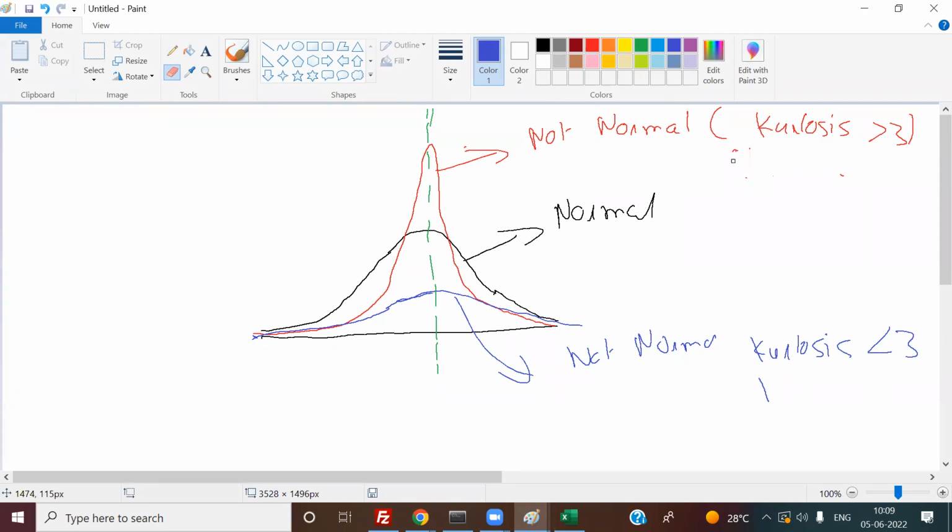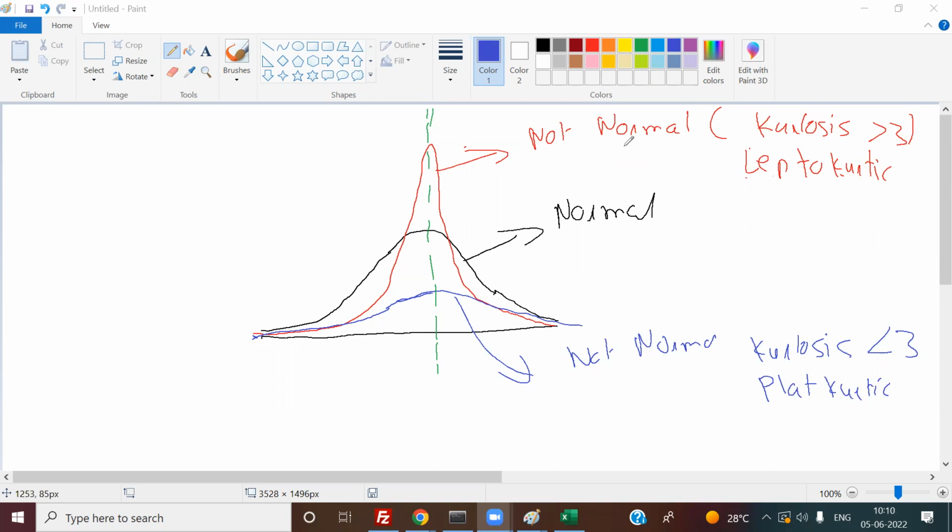This is not platy. This is lepto. Note it down once now, then I'll explain what lepto means. It is leptokurtic, and this is your platykurtic. Please check the spelling from the net. Pronunciation will still remain the same, but I might have made some mistakes in spelling.